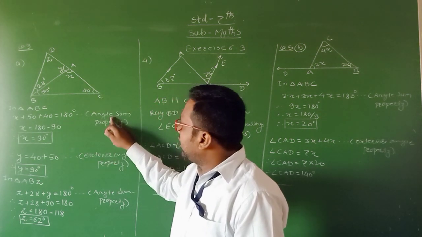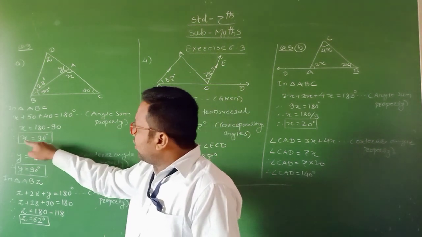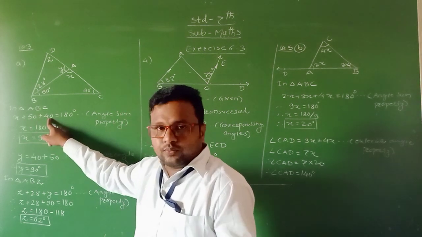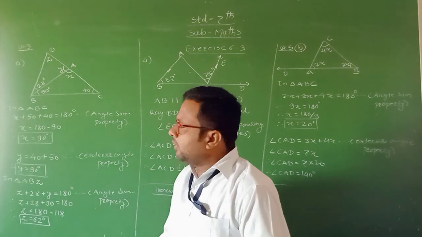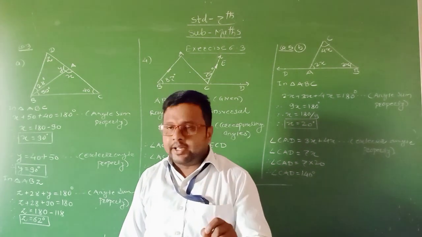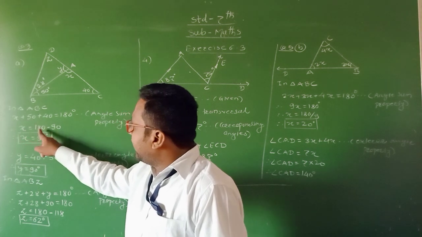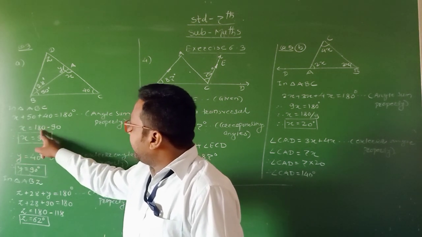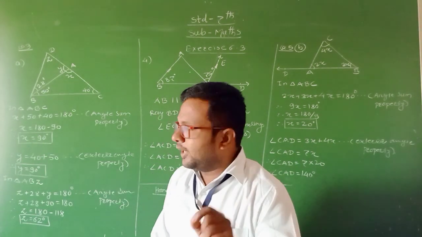Which property do we use here? The angle sum property of the triangle. Now x as it is, 50 plus 40 is 90. We transfer it to the right hand side of the equal sign, it becomes minus 90. Therefore x is equal to 180 minus 90, we get 90 degree. Okay, this is the value of x.